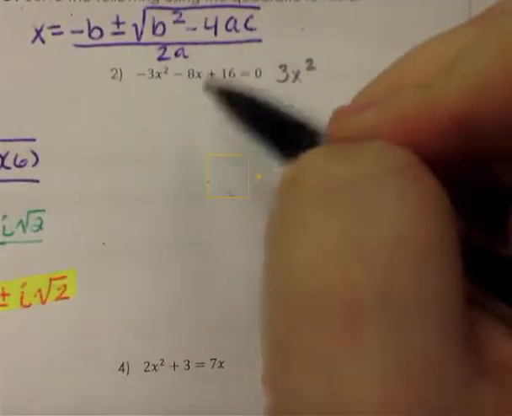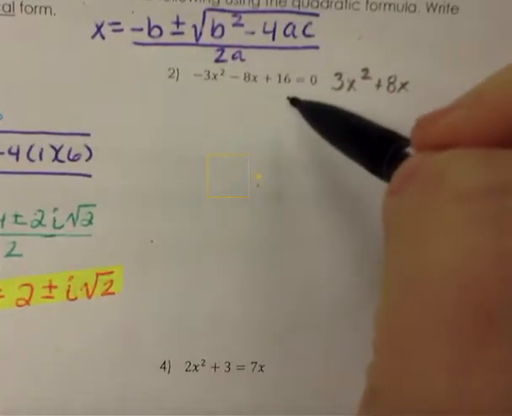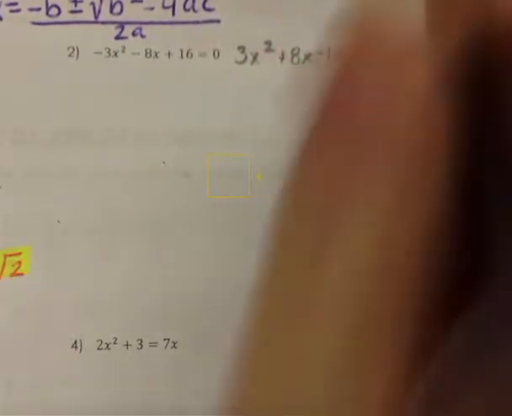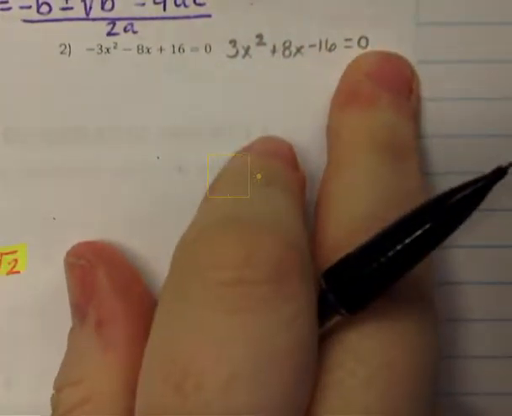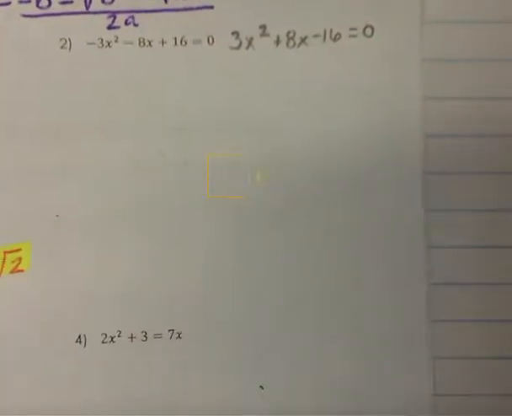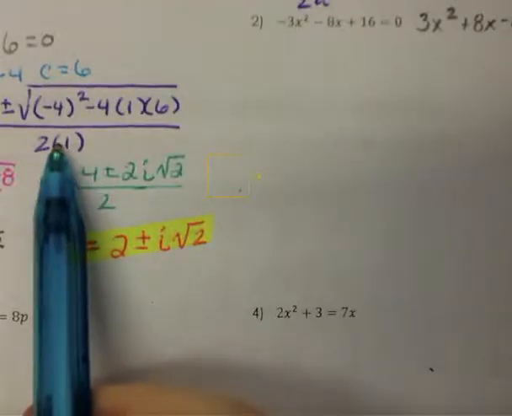Then we would add that over, we'd have positive 8x. Then we would subtract the 16, and we'd have negative 16 is equal to 0. We could still have it equal to 0 on this side, or we could have 0 equal to that. It does not matter. It really means the same thing. The reason we do that is so that a is positive. It's a lot easier to focus on, especially with the division of 2a.